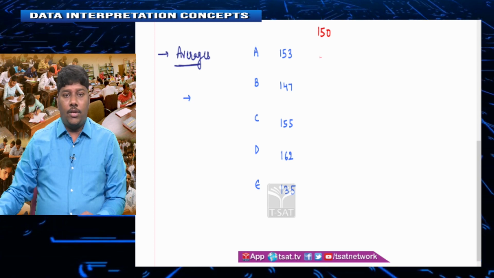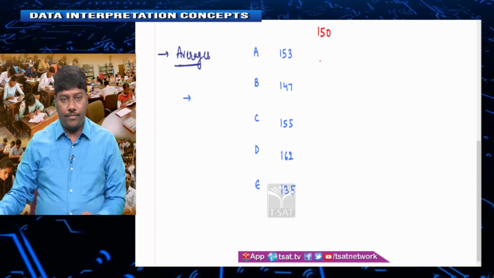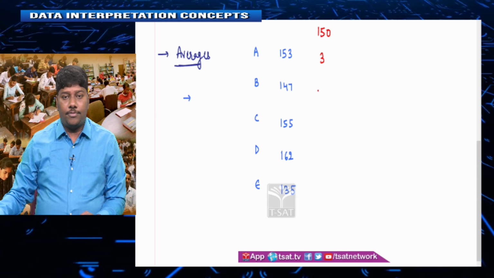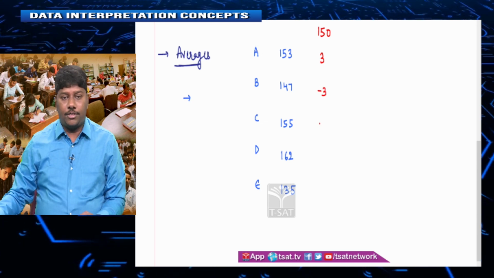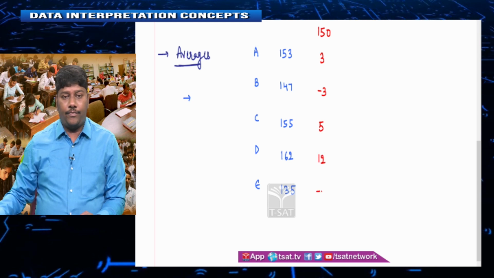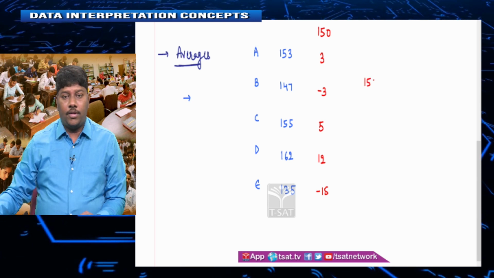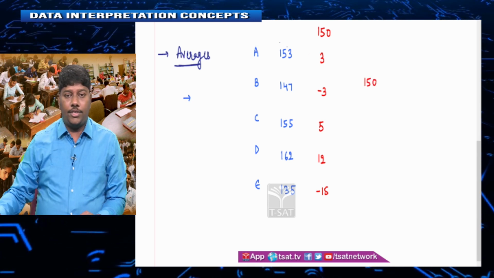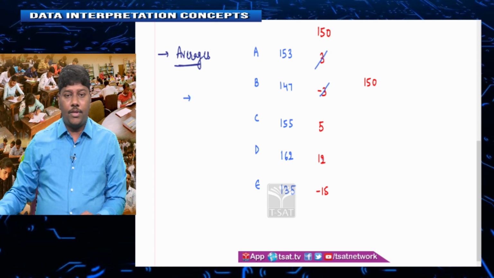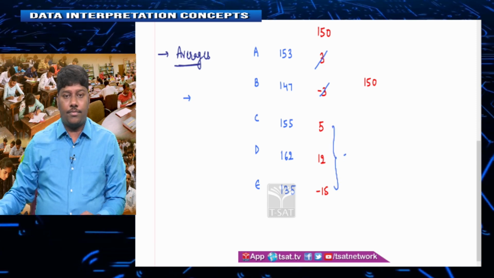Now subtract this 150 from each and every observation. 153 minus 150 is 3 here. This is minus 3. I am finding the deviations. This is 12, this is minus 15. My assumption was 150. Now look at the sum of the deviations: 3 minus 3 get cancelled, 12 plus 5 is 17, minus 15 is plus 2.